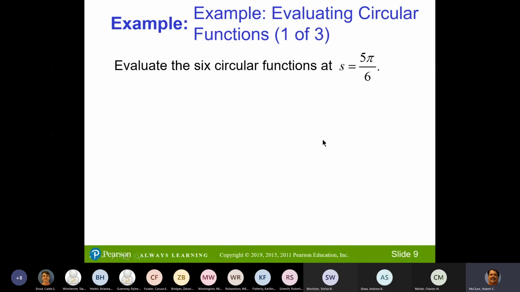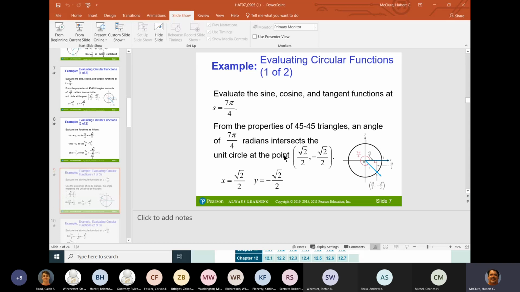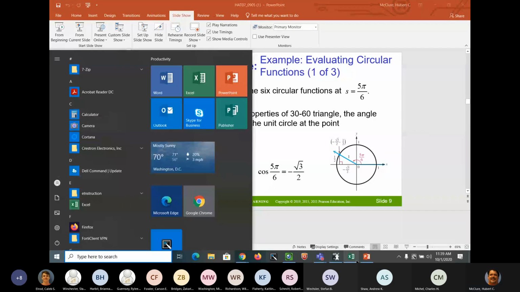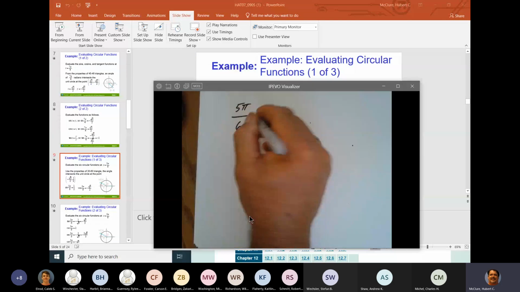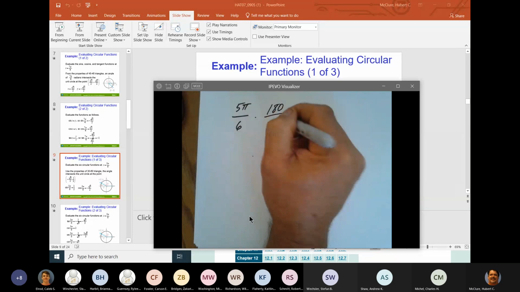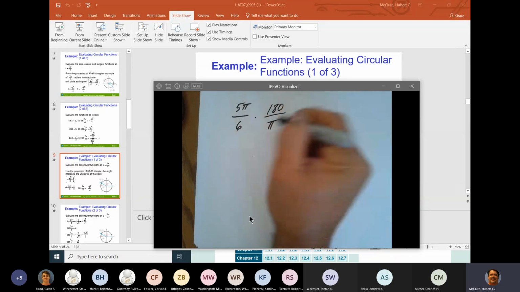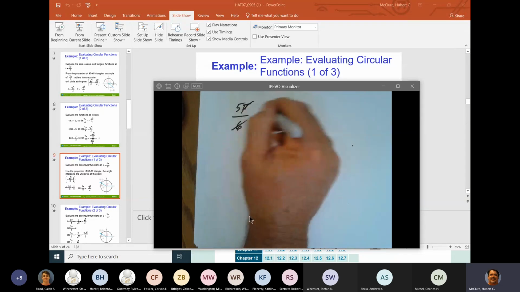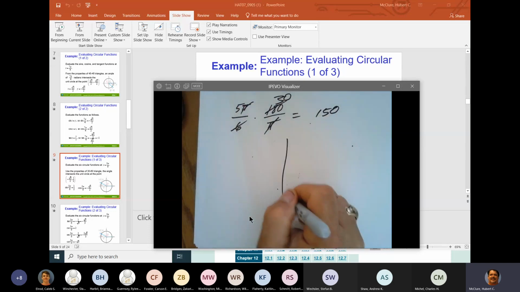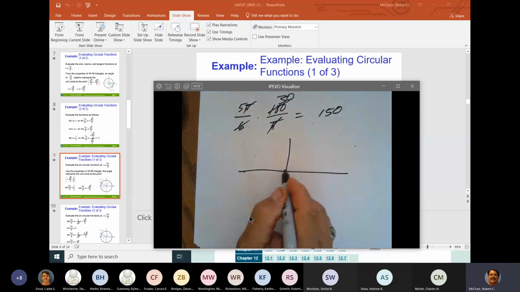Okay, 5 pi over 6. If you do 5 pi over 6, and I'm doing this again. I'm not doing it to aggravate you. I know some of y'all are getting aggravated, but please don't. 5 pi over 6, that'd be times 180 over pi, and it's going to be 150 degrees because that goes with 30. 30 times 5 is 150. 150 is 30 degrees from 180.